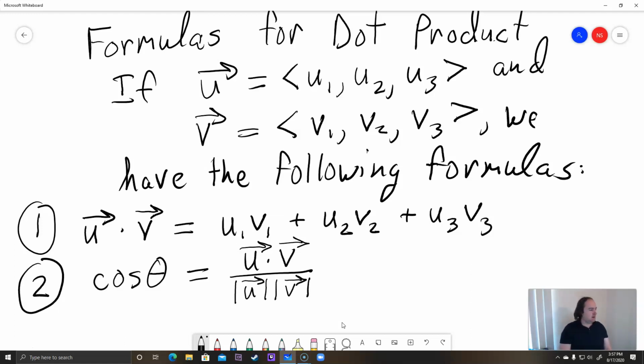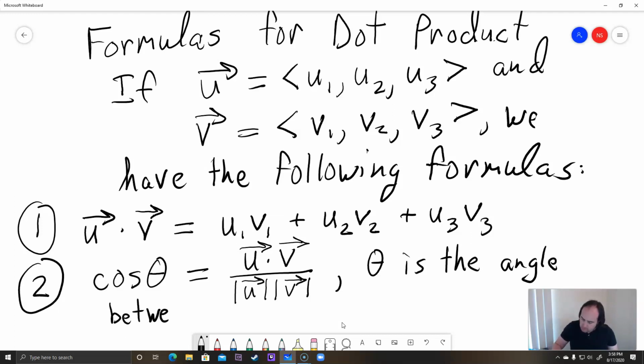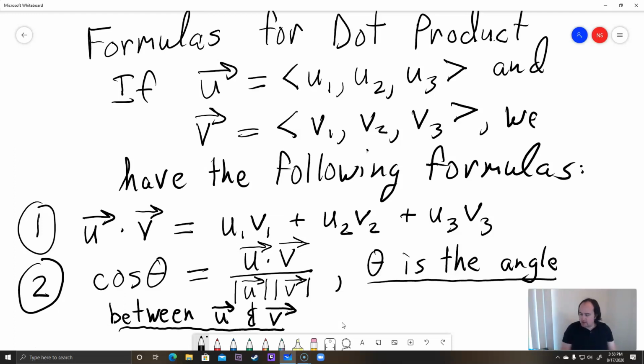And theta is actually just the angle between the two vectors. So that's important. Let me write that. Let me underline that. So theta is the angle between u and v.